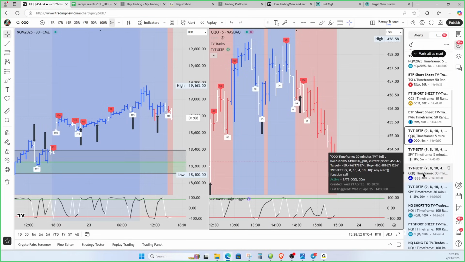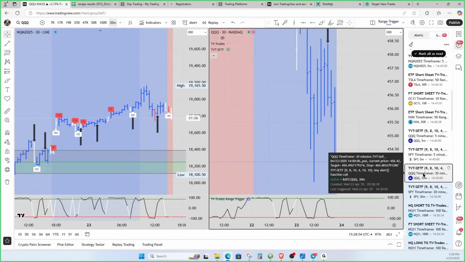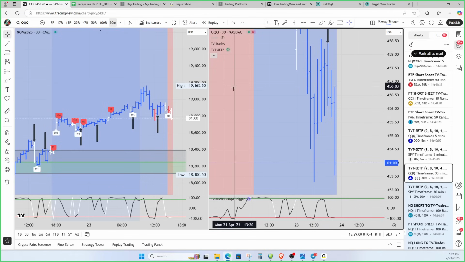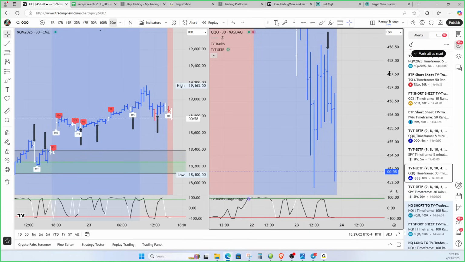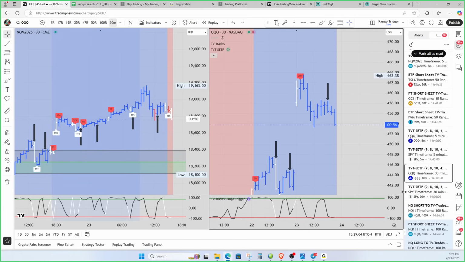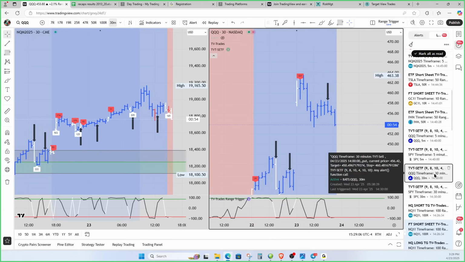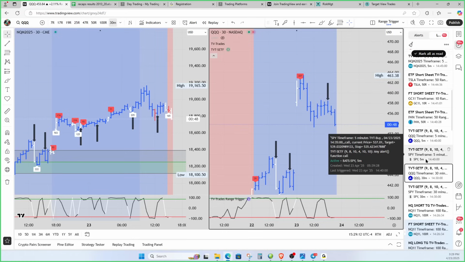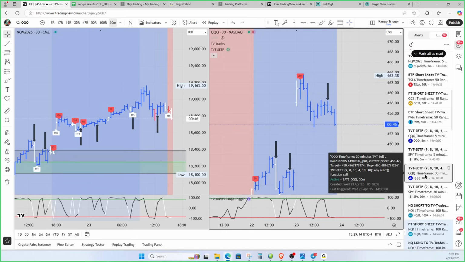So the one before that on the QQQ said to buy 456.42, with a target of 450.96. I think I clicked on the wrong thing there. Was that a buy? Oh, it was a put. No, it was a sell. I'm clicking on the wrong one. Well, this was a sell on the QQQ.